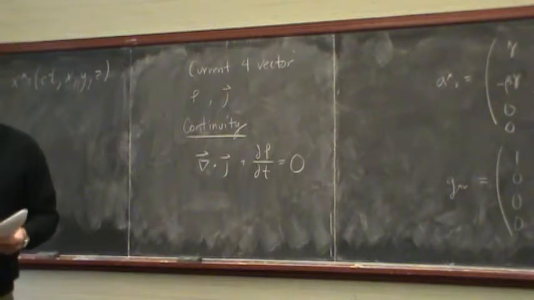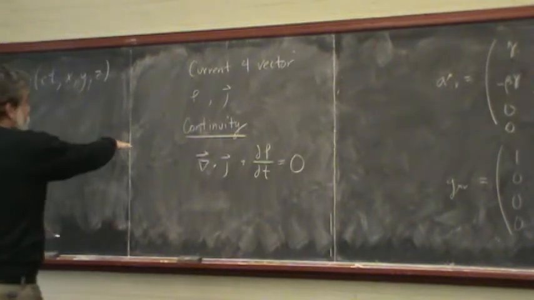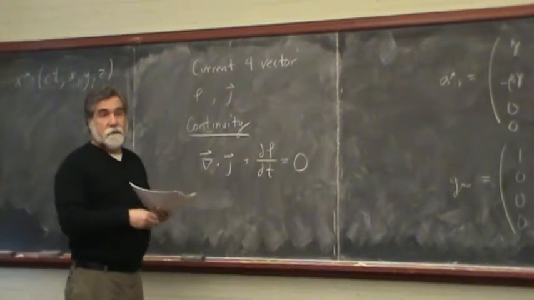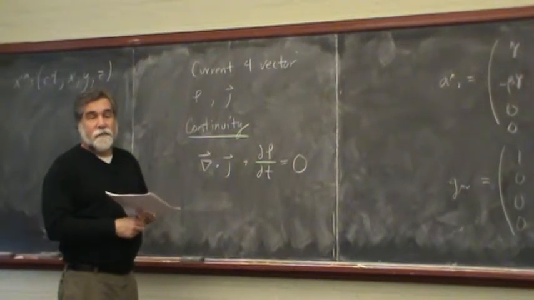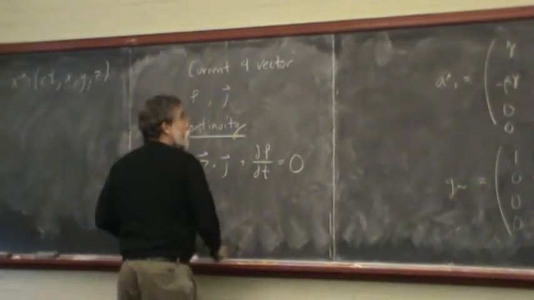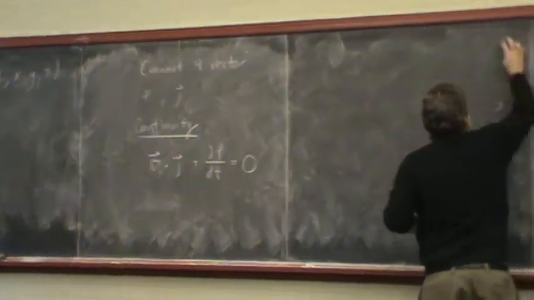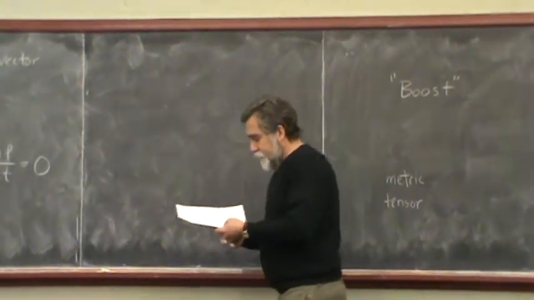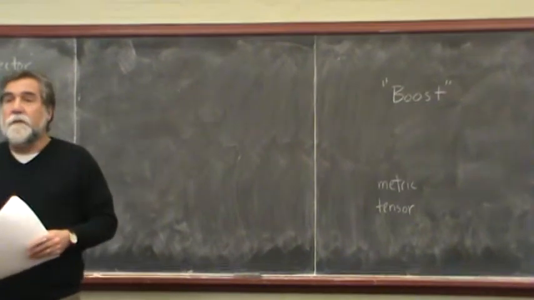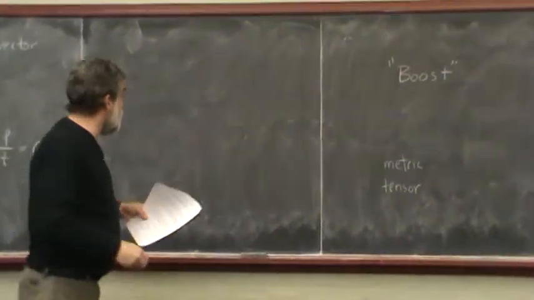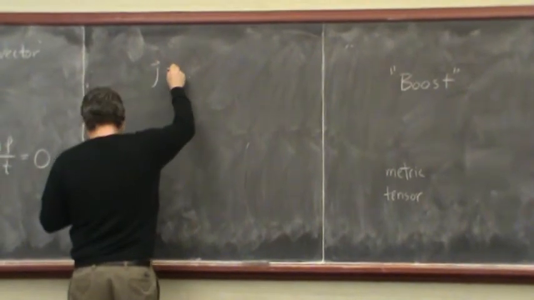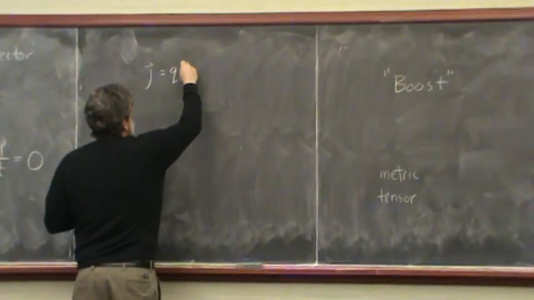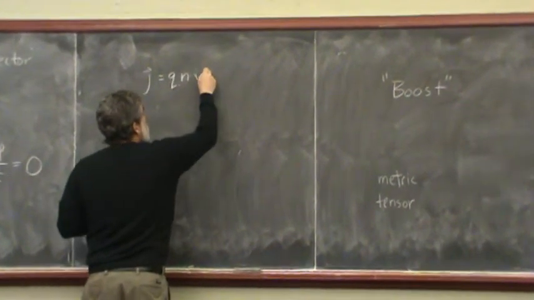We need to make something that's going to obey charge conservation, and transform like that under Lorentz transformations. So we can start with some definitions in a given frame. The current density is equal to the charge per charge times the density of charges and the velocity.